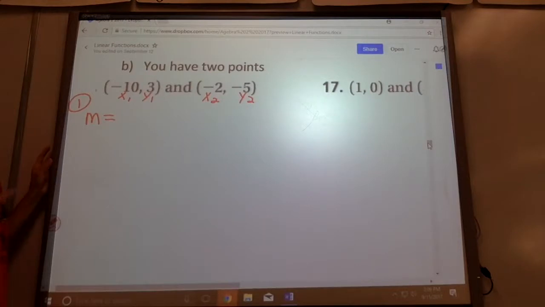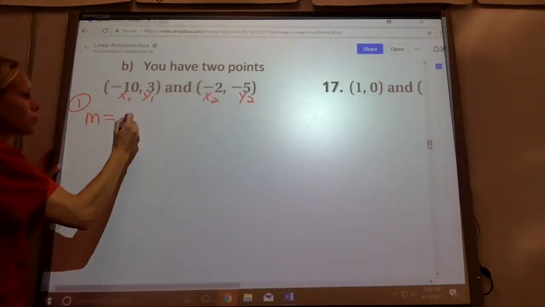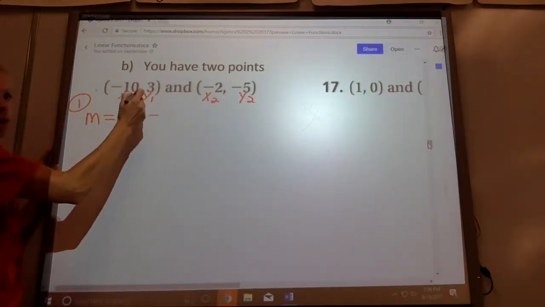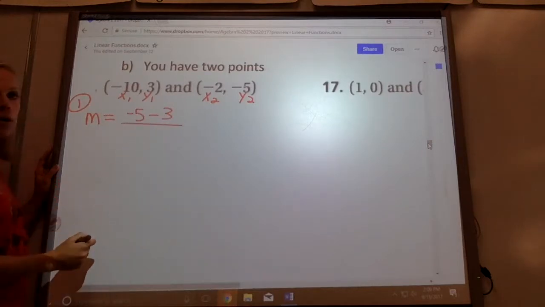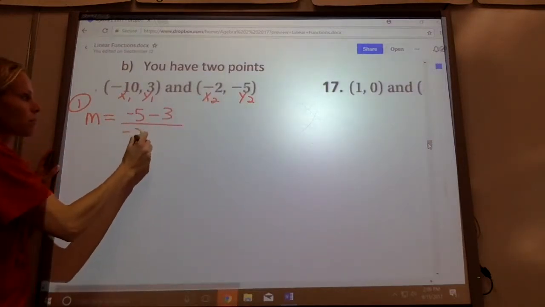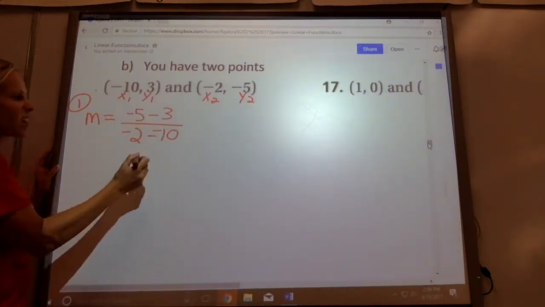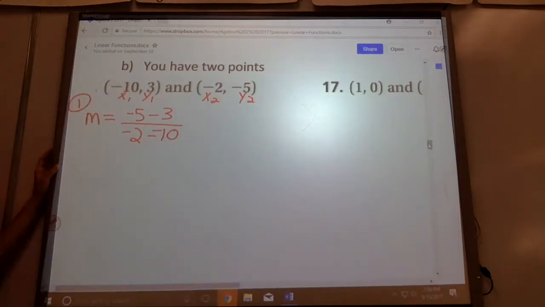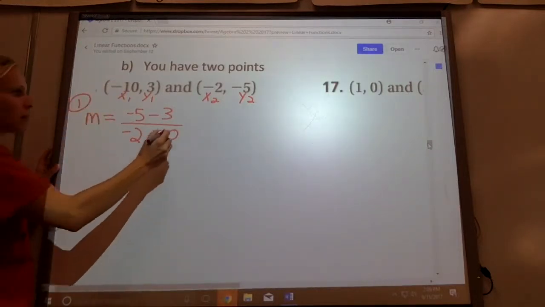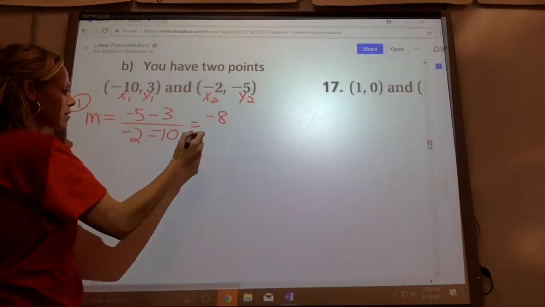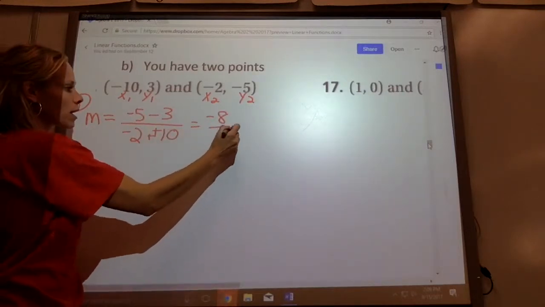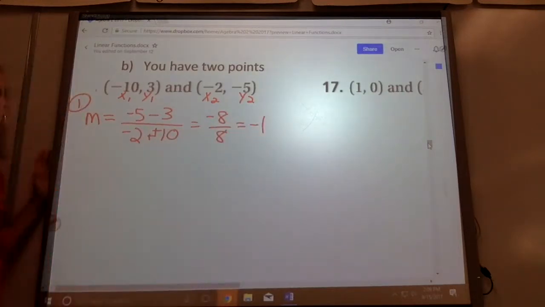My slope formula, if you remember, is y2 minus y1 over x2 minus x1. Don't forget the double negatives. So this would be -8 over 8, which is -1. So my slope is -1.